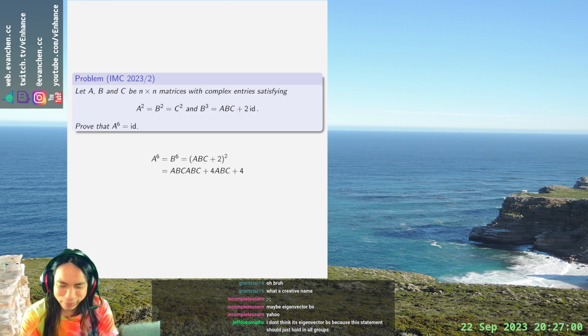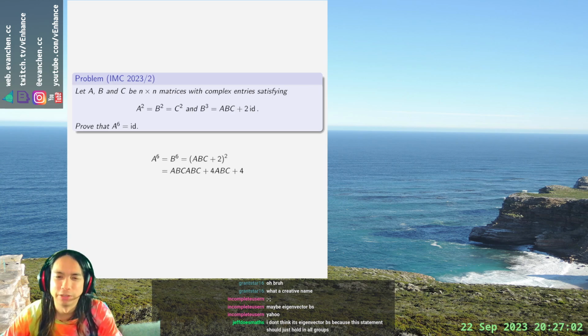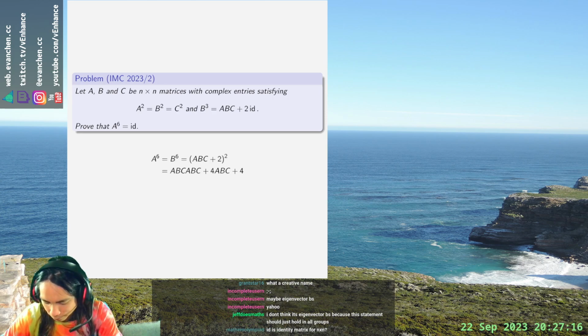Group is a little bit of a misnomer because there's both a multiplication and an addition. So you're working in some generic algebra, I think, like some C algebra. I still don't really like the eigen thing because I feel like if n is large enough, you can make the multiplication table.